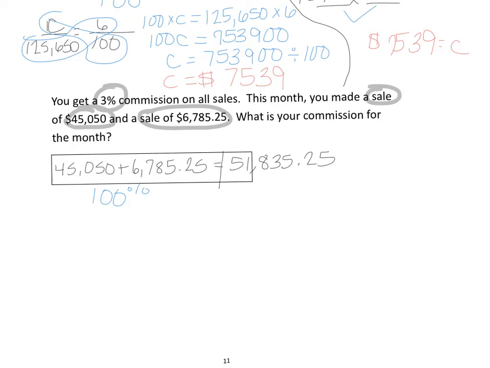So what we are looking for is 3% of $51,835.25, which we can cross multiply as we normally do.